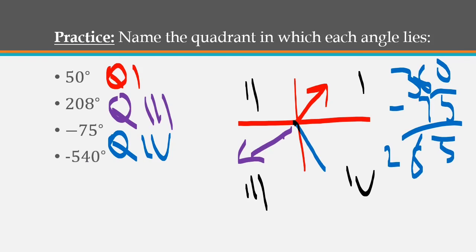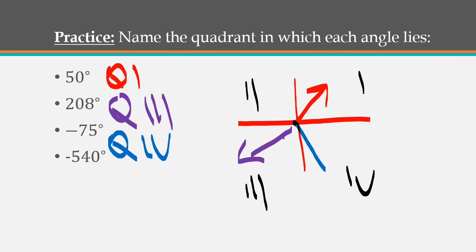For negative 540, if I'm not completely aware of where that is, I can find a positive coterminal angle. So I know I'm going to have to rotate more than once. So I'm going to add 720 to get that coterminal angle. So I'm going to do a positive 720 and a negative 540.